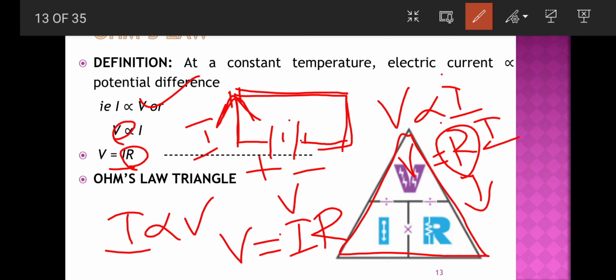Can you see the division symbol here? So V by I is going to be R. Here also we have a division symbol, so I is equal to V by R. R is equal to V by I, or V is equal to I into R. Here we have a multiplication symbol, so V will be equal to I into R.